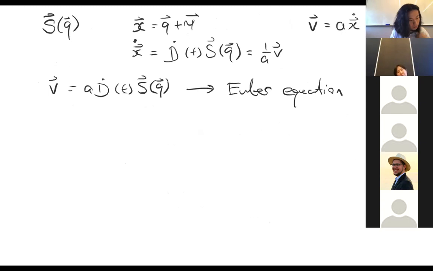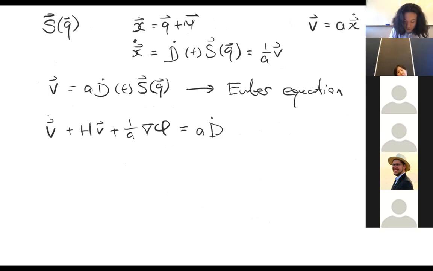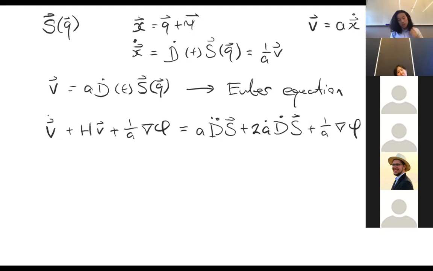So v dot plus Hv plus 1 on a del phi can be written as a D double dot S plus 2 a dot D dot S plus 1 on a del phi equals 0. I just put this into the Euler equation and take the derivative, and this is what we get.